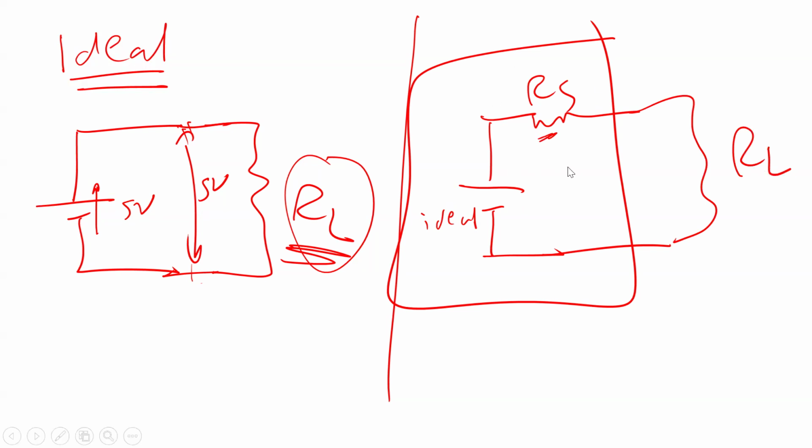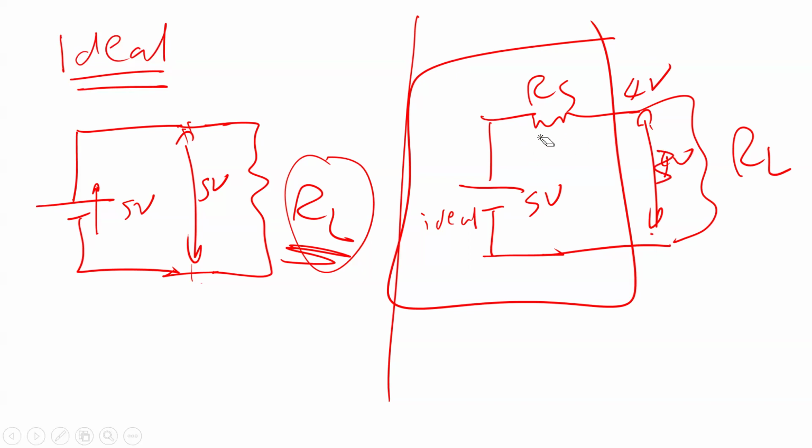Because of this one, there is a voltage drop here. So if this one is 5 volts, I'm not going to receive 5 volts here because there is a drop. If the drop here is, for example, 1 volt, then from here to here is going to be 4 volts. If this one is 2 volts, I'm going to receive 3 volts.